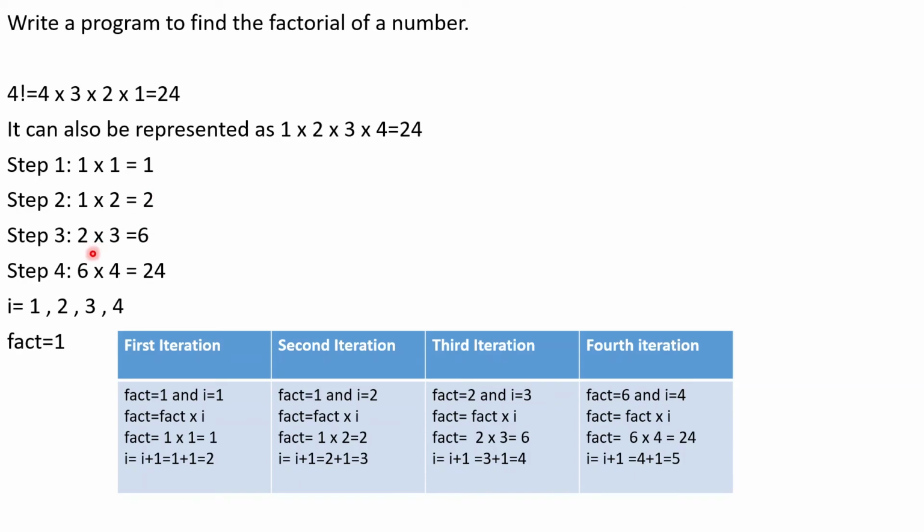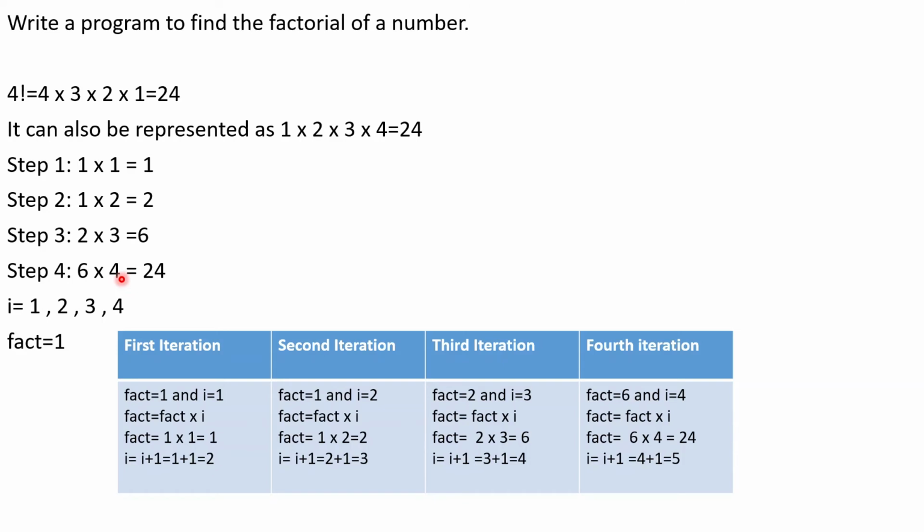Similarly, in step 3 and step 4, the first operand is the result of the previous step. And the second operand on the LHS starts from 1 and goes on incrementing by 1, 1, 2, 3 till 4, because we have taken 4 factorial as the example, so it goes up till 4.